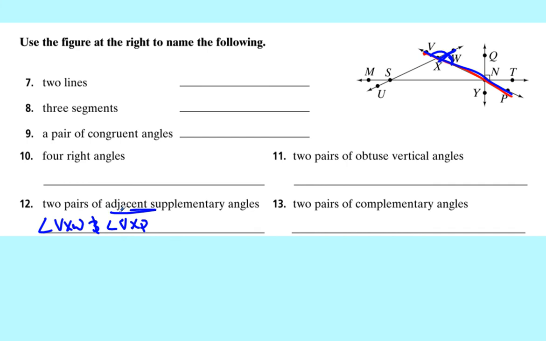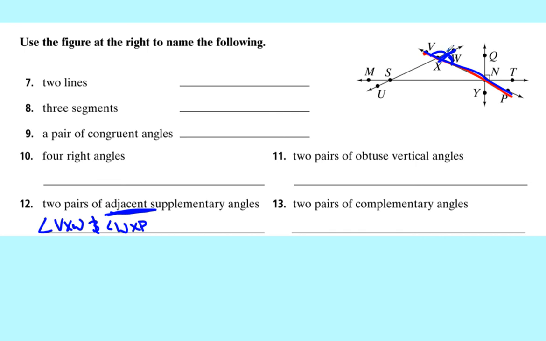If they're adjacent, they're always going to share. Whoa, wait a minute. I wrote this down wrong. I'm sorry. That's not VXP, it's WXP. I don't know my letters. WXP. Okay. That they're always going to share two letters.